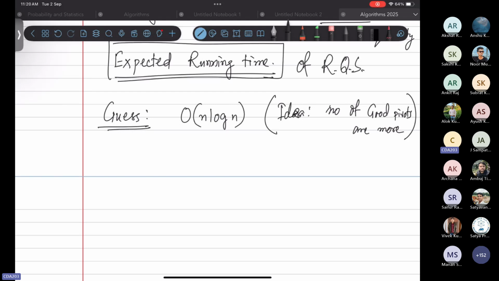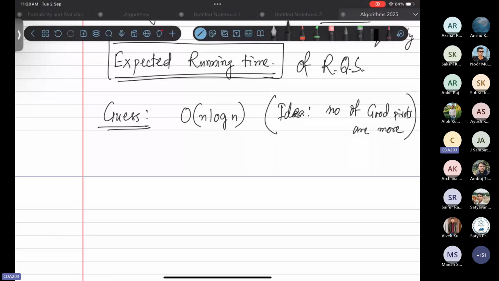But without luck, we do not have any way to find the median because we have to sort the input. Yes. So the point is that to end up with a good running time, you don't have to find the median always.